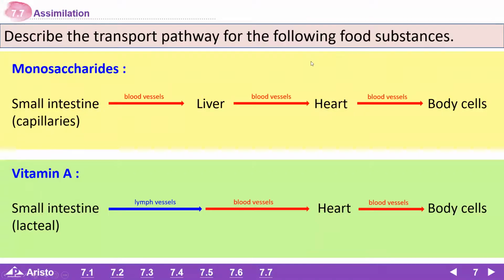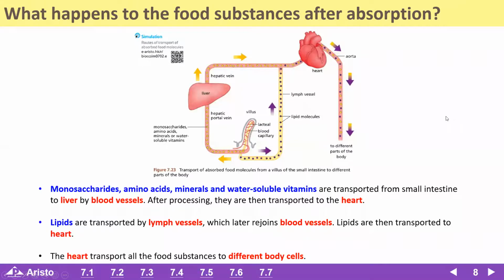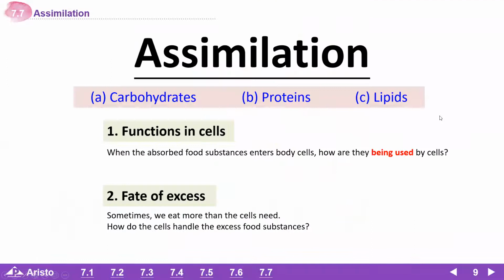The next question: we now understand how the food substances are transported by different pathways to body cells. The next question is, once they arrive at the body cells, how would they be used? So this is what we call assimilation. Okay?